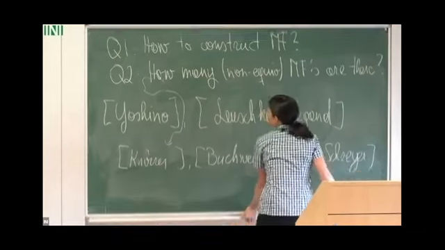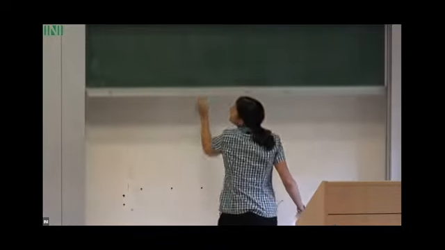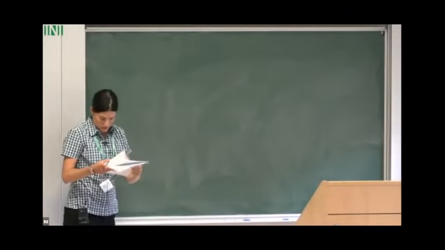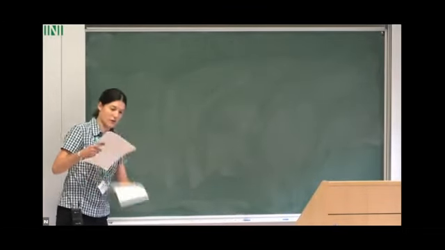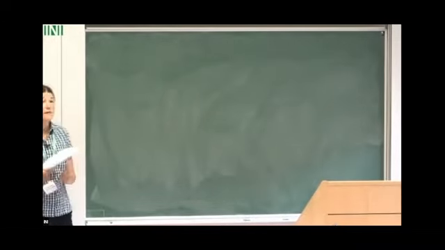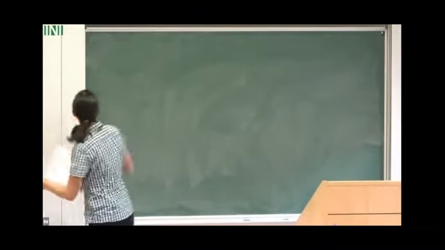Okay, good. So here we are. First, how can we construct matrix factorizations? If I give you a random polynomial, how can we do that?